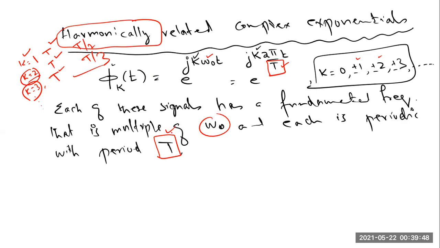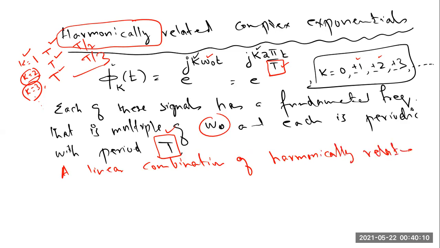Now, once we have this idea, what we can do is take a linear combination of harmonically related complex exponentials.